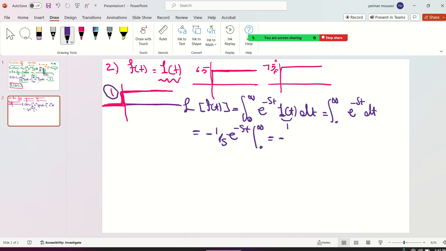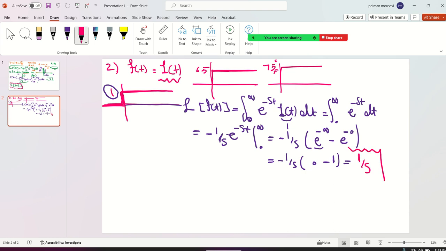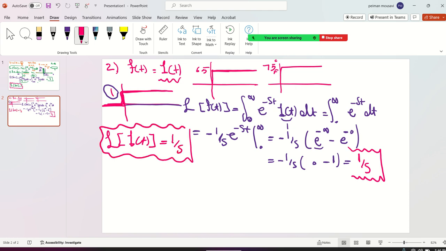If you put in e to the power of minus infinity and e to the power of minus 0, this is 0 and this is 1. So that's the answer: the unit step Laplace transform is always 1 over s. Eventually you're going to memorize it. So the Laplace of unit step is 1 over s. Here we go. You got it?